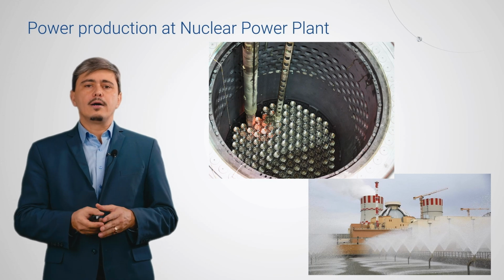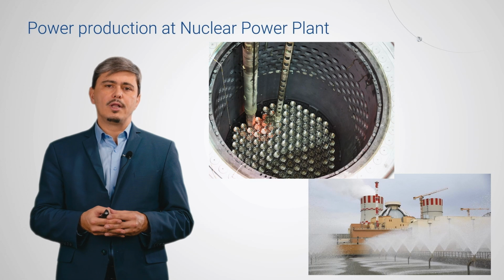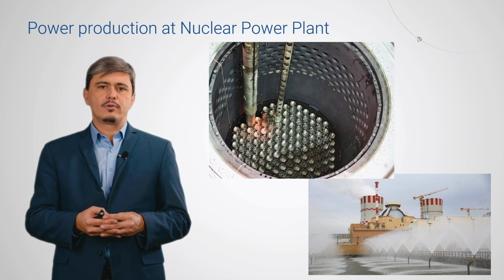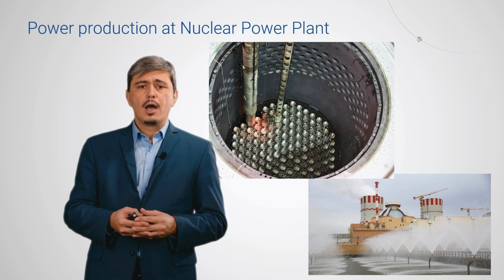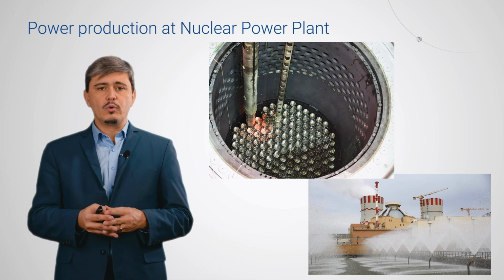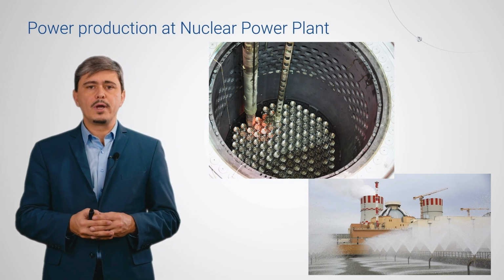So, for modern types of fuels, this stage, as usual, lasts around 3-4 years. On average, after this time, fuel will be exhausted, and this fuel should be handled in a special way.